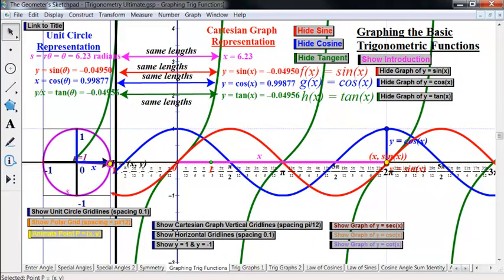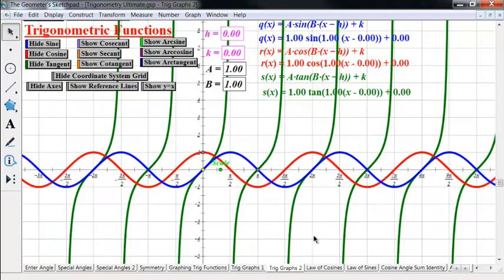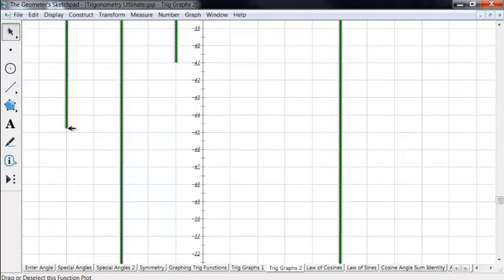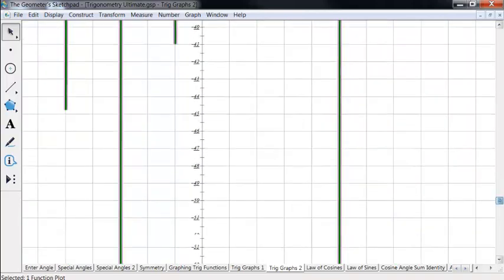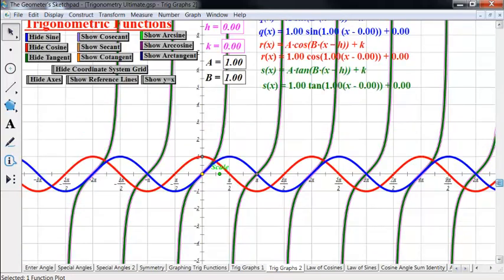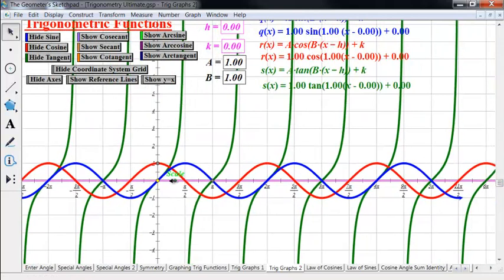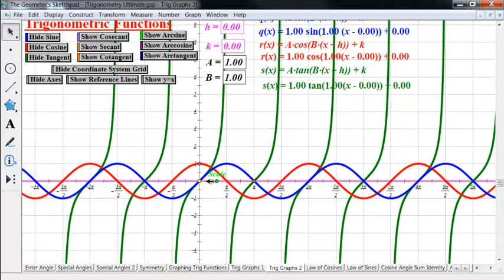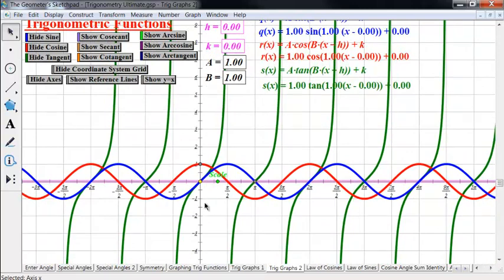If you look at them back a little ways here, you can see more of the graph, and especially you're going to see the periodic nature of these functions. Okay?